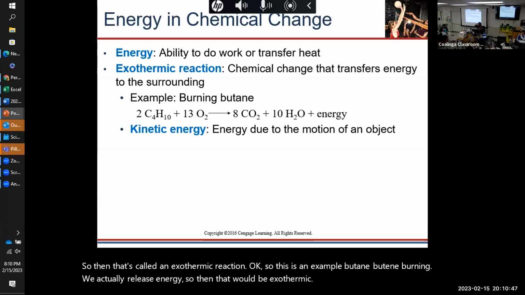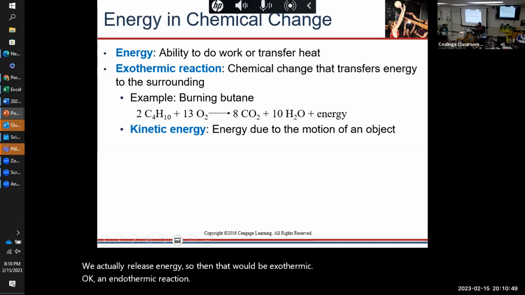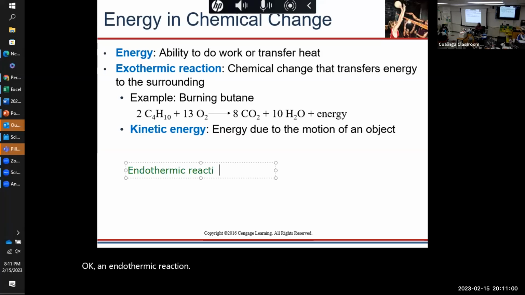An endothermic reaction is when we're adding energy into a reaction. So an example of that is photosynthesis.